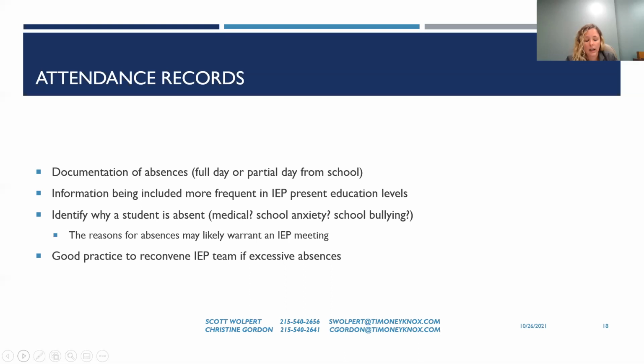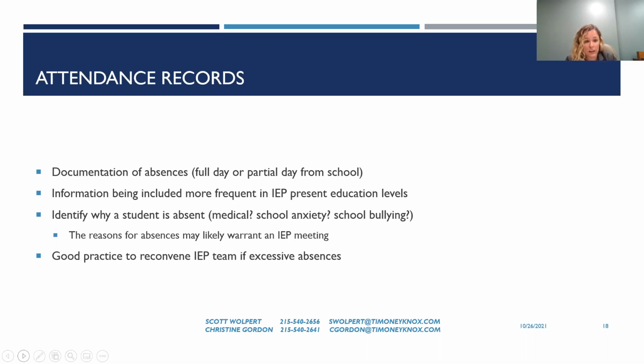So as a parent, there are many times where your child may be absent because of reasons related to a disability, medical reasons, school anxiety, school bullying incidents. In the virtual hybrid environment, there were many technological issues or barriers that prevented school children from participating.